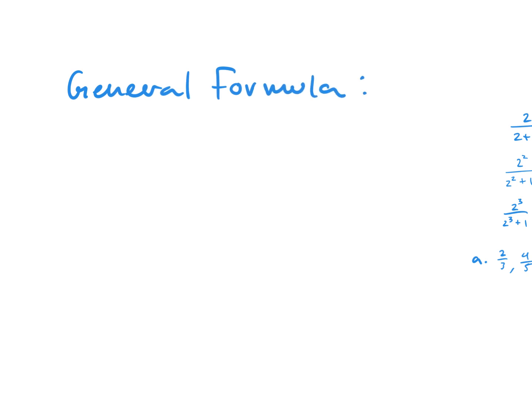So general formula for an arithmetic sequence is a sub n equals a sub 1 plus n minus 1 times d. So this is for an arithmetic sequence. Arithmetic sequence is when we add to get from one term to the next.